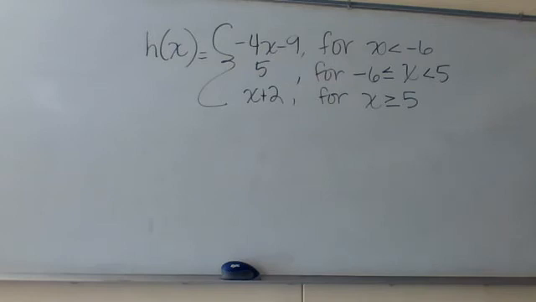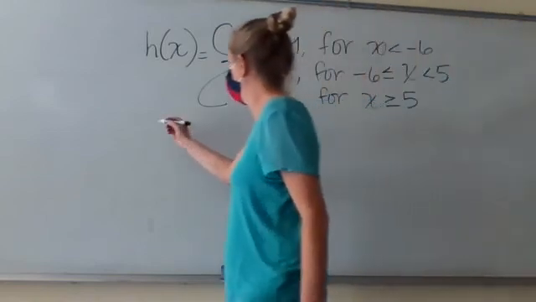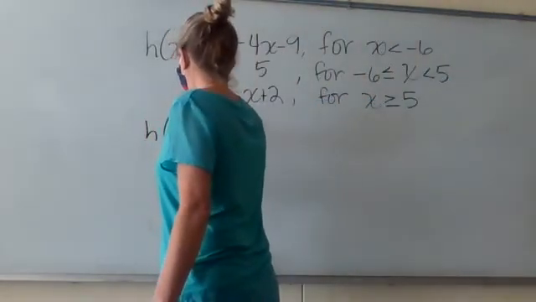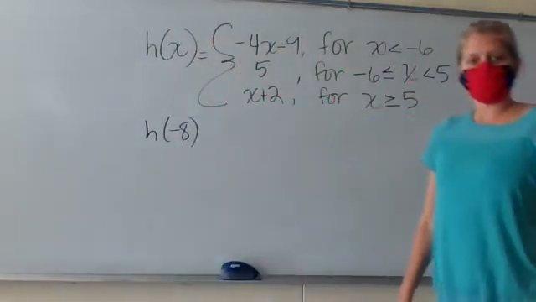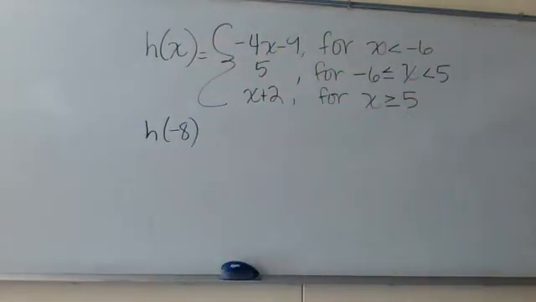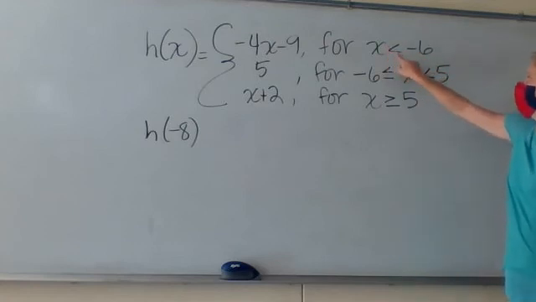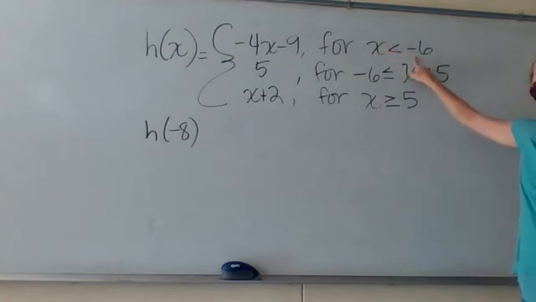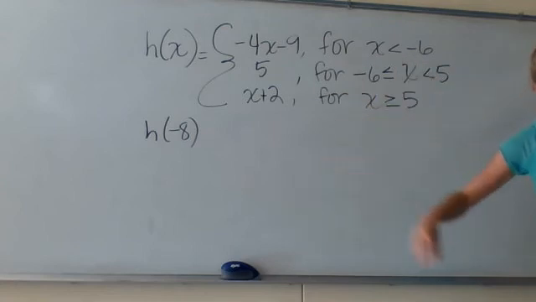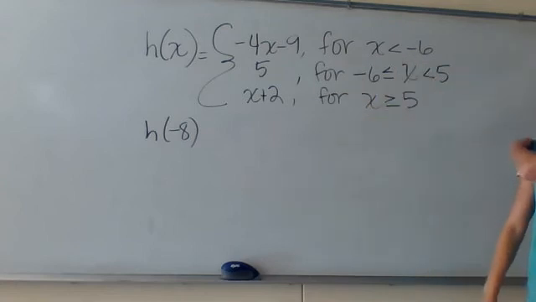We're going to find 4 different values. First thing we're going to find is h of negative 8. Where does negative 8 fall into? Which piece? Is negative 8 less than negative 6? It is, right? It's below negative 6 on the number line.